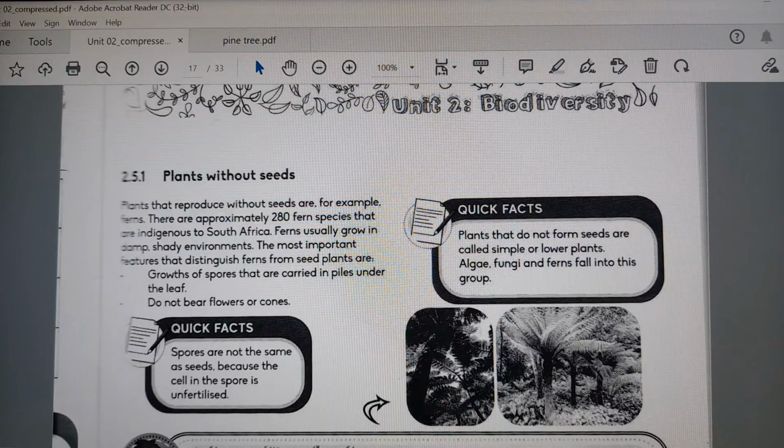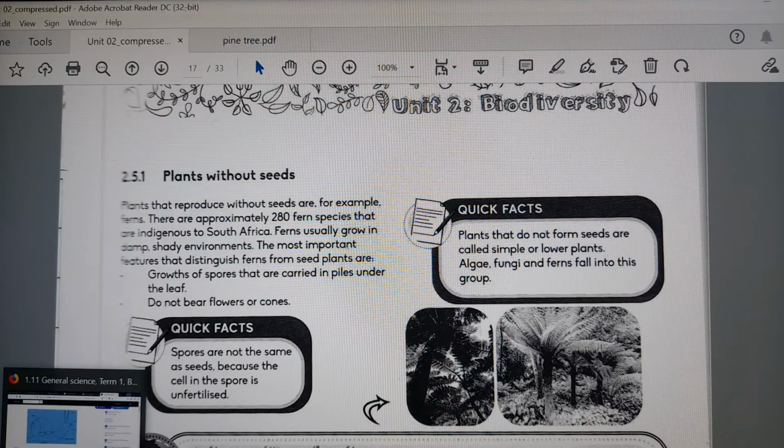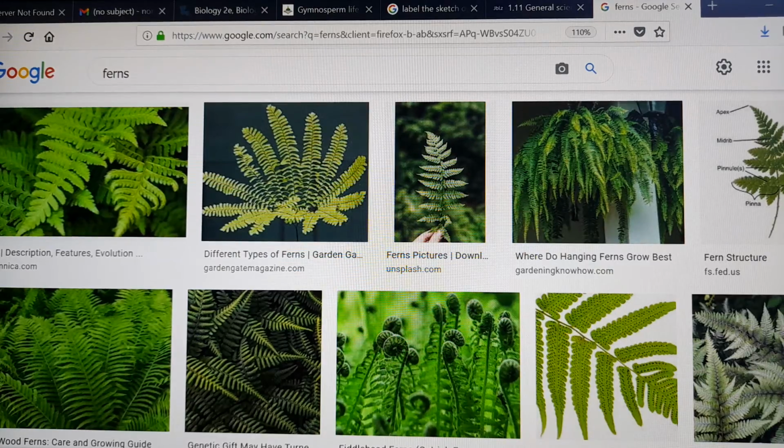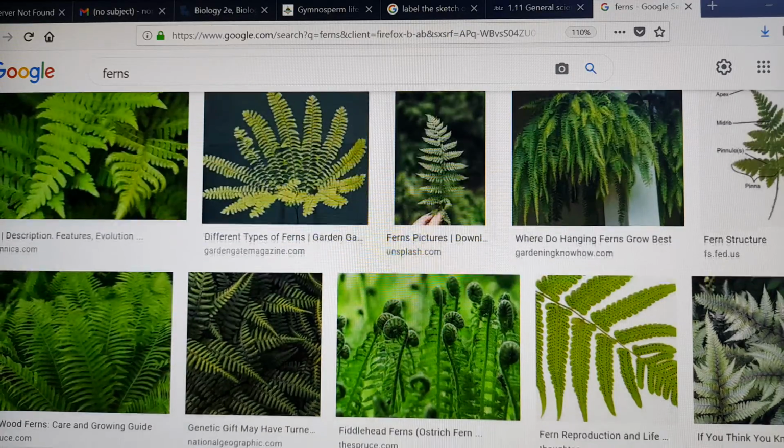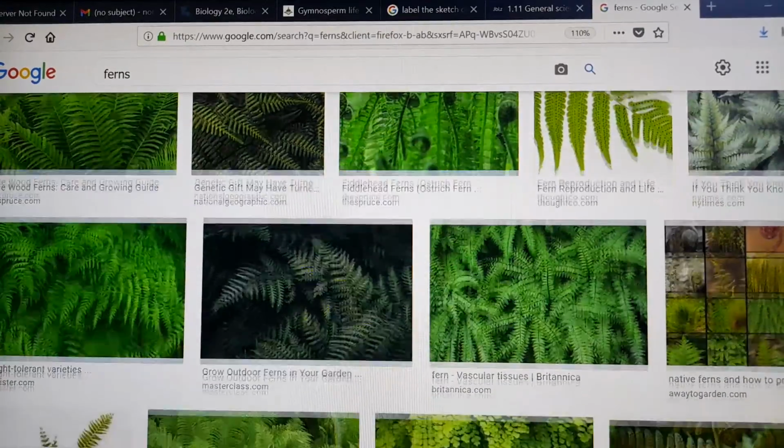I just want us to see the ferns and spores on the ferns. These are examples of the ferns. Okay, plants without seeds. See them?